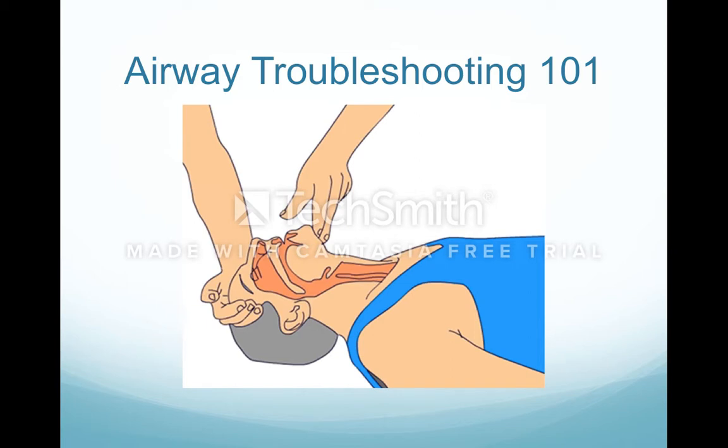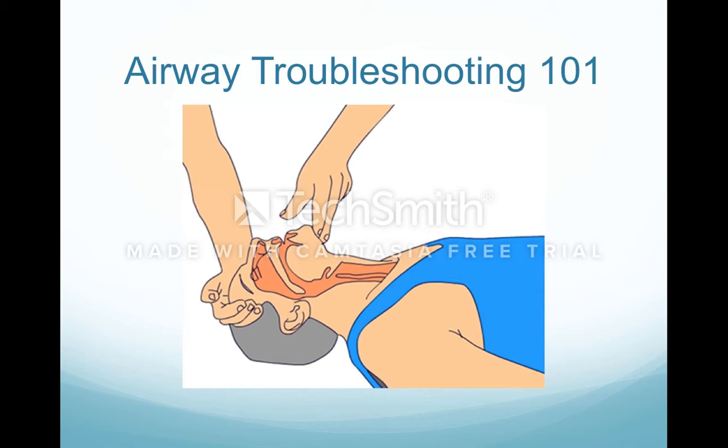Call this Airway Troubleshooting 101. This image is used to just essentially demonstrate how straightforward the anatomy is from an airway perspective, not to undervalue how important it is to be aware of a number of different things that can cause obstructions, but that there really are just essentially three ways into the airway.